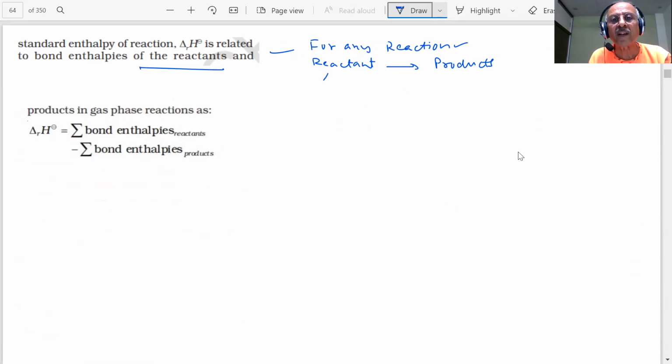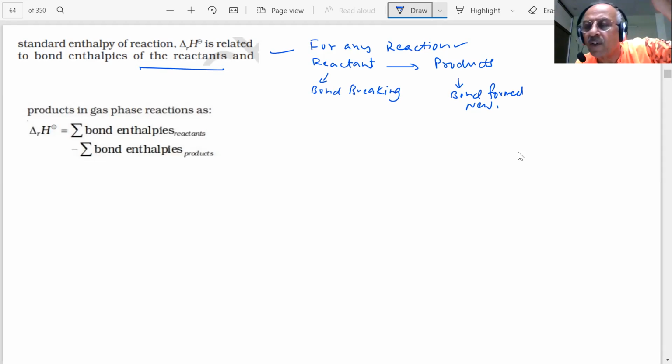The bonds are breaking. Here the bonds are breaking, students. And here bonds are being formed, student. Yes or no? New bonds are being formed. So bond breaking will require energy, and when bonds form, energy will be released.